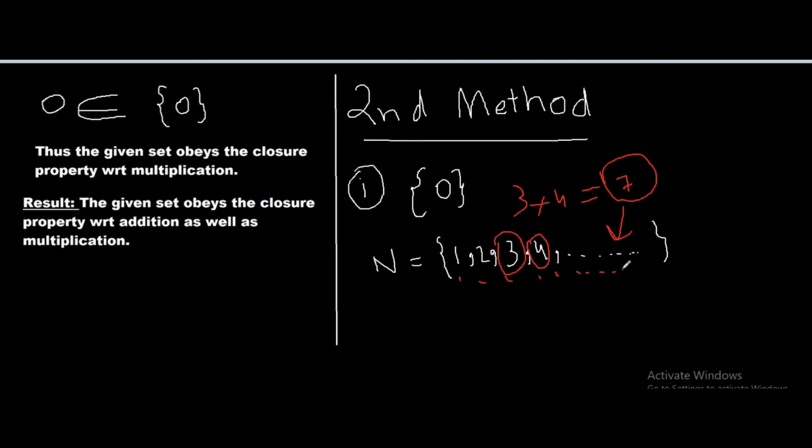So 7 is also included. And now if you add 7 of this set to any random number, say 10,000, this will be 10,007.